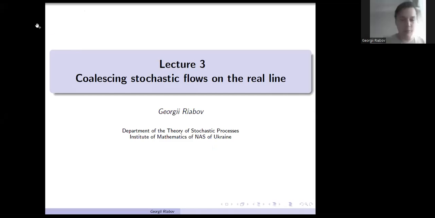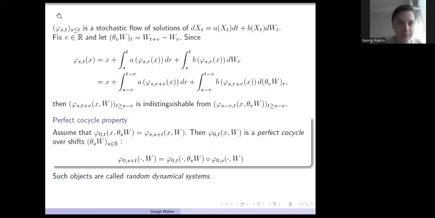So I will remind what we did yesterday. We constructed a flow of homeomorphisms of the Euclidean space that consist of solutions to a stochastic differential equation, dx_t equals a(x_t) dt plus b(x_t) dw_t, with Lipschitz coefficients a and b.